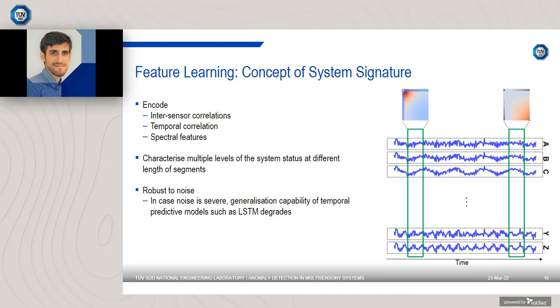We can see a different signature of the system, and this helps us understand the spatial information in every time window. By changing this time window, we can extract different levels of spatial information. So this is a very useful feature extraction technique to keep in mind.